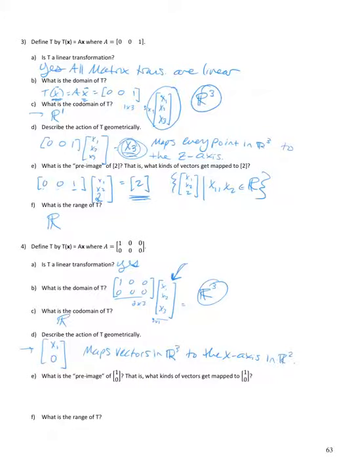What is the pre-image of 1, 0? What kind of vectors get mapped to 1, 0? So I have 1, 0, 0, 0, 0, 0. What kind of vectors can I multiply by and get 1, 0? Okay, so this would have to be a 1.